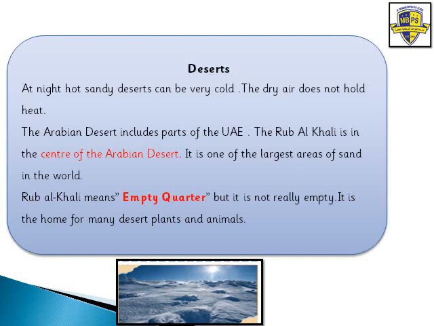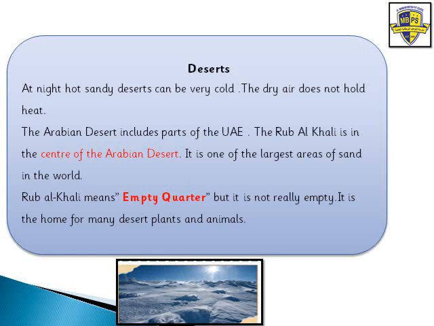The Arabian desert includes part of the UAE. The Rub'a al-Khali is in the center of the Arabian desert, which is the biggest one and considered as the largest area of sand.